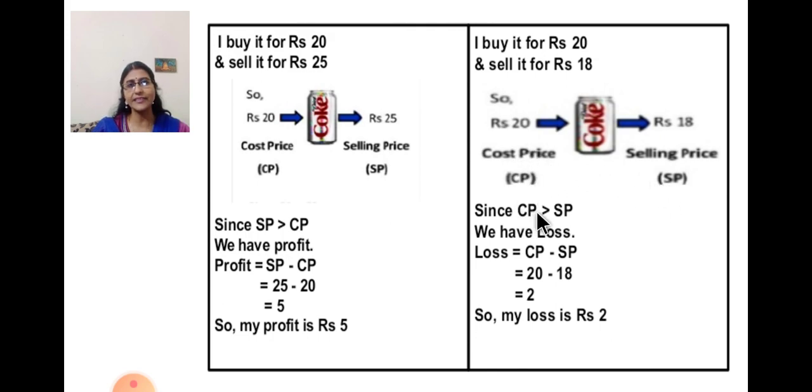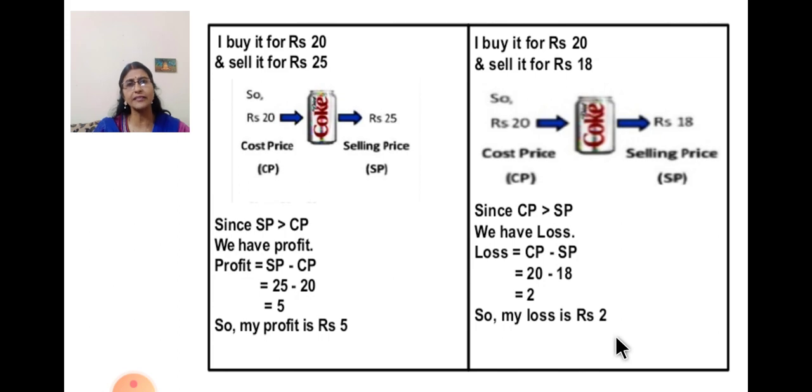So since CP is greater than SP, we know that when cost price is more than selling price, that means there will be a loss. There is a loss. And loss will be equal to CP minus SP. CP is 20 rupees and SP is 18. So 20 minus 18 is 2. So my loss is here rupees 2.